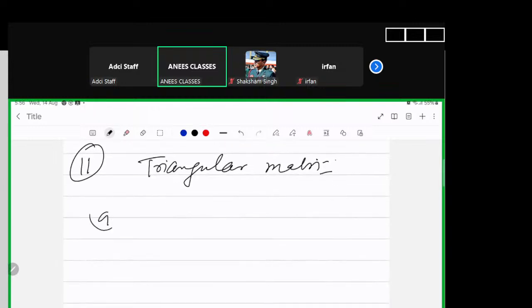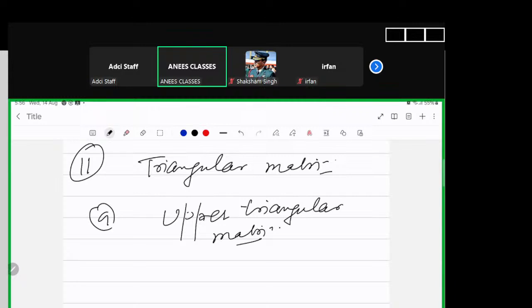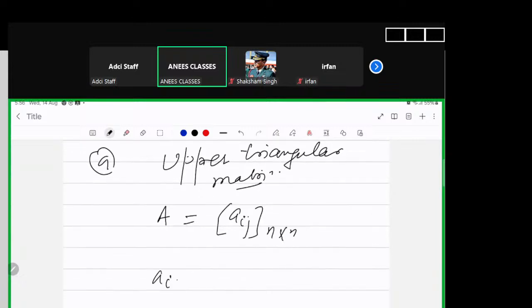In triangular, you have two types. First is the upper triangular matrix. What is an upper triangular matrix? Tell me. Suppose that A is also in square form. Here Aij is 0 for all i greater than j.